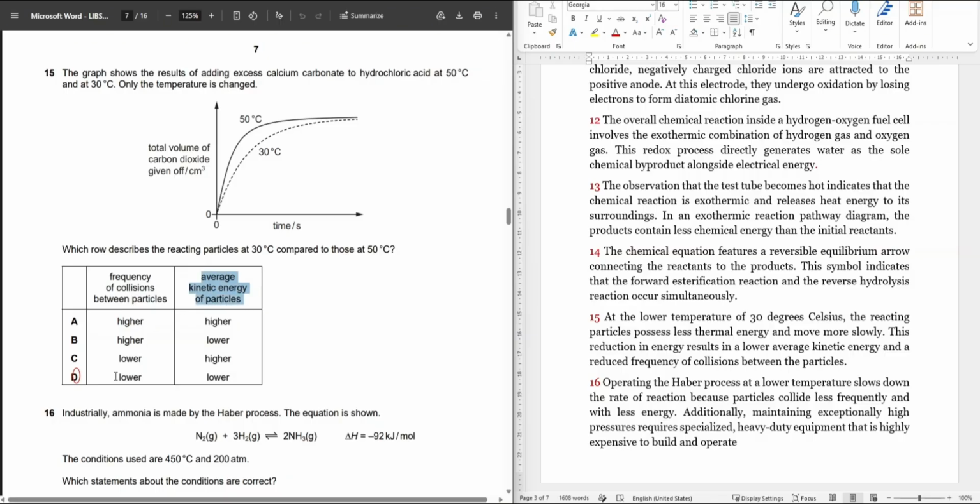Here our choice is D. The frequency of collision between particles is lower and the average kinetic energy of particles is also lower. The explanation is that at a lower temperature of 30 degrees Celsius, the reacting particles possess less thermal energy and move more slowly. This reduction in energy results in a lower average kinetic energy and a reduced frequency of collision between the particles.